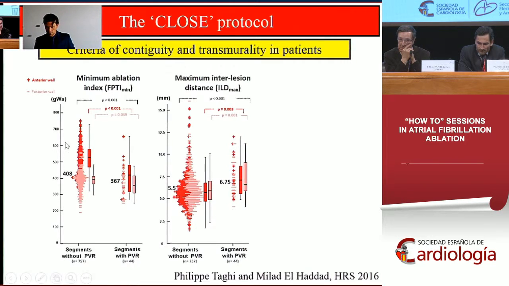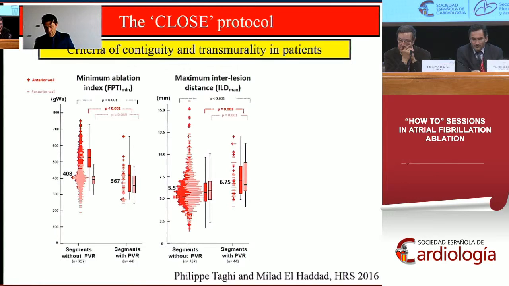What we did is we compared ablation index in a segment and we compared segments with a gap versus segments without a gap. And you can see that the values are lower in segments with a gap. In red, you see the values for the anterior wall, and in pink, you see the values for the posterior wall.